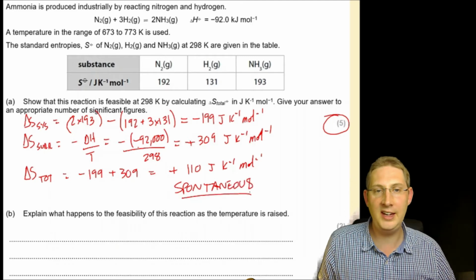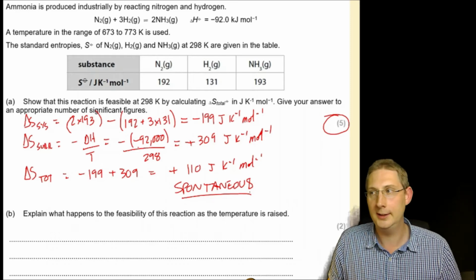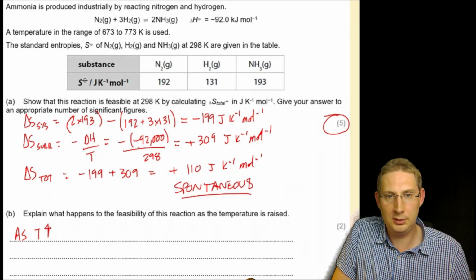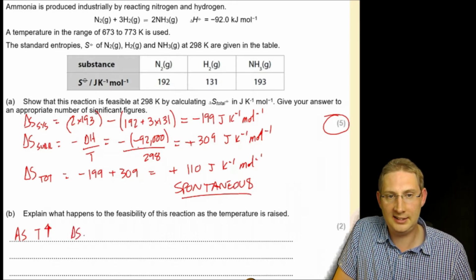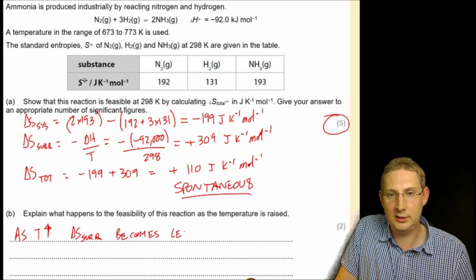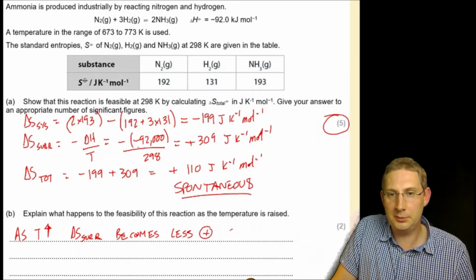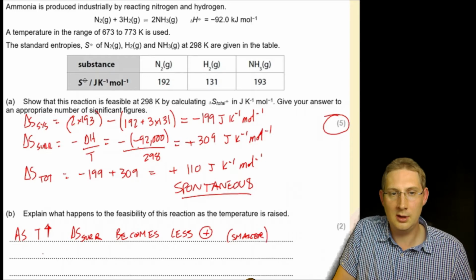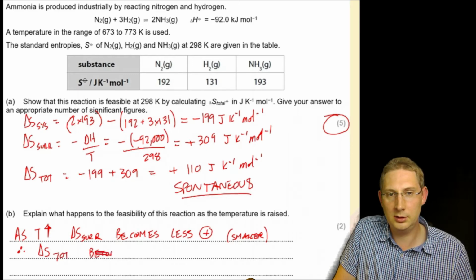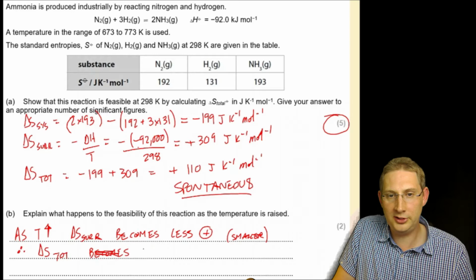Explain what happens to the feasibility of this reaction as the temperature is raised. Okay, as the temperature goes up, deltaS surroundings becomes less positive, becomes a smaller number. Therefore, deltaS total becomes less positive.